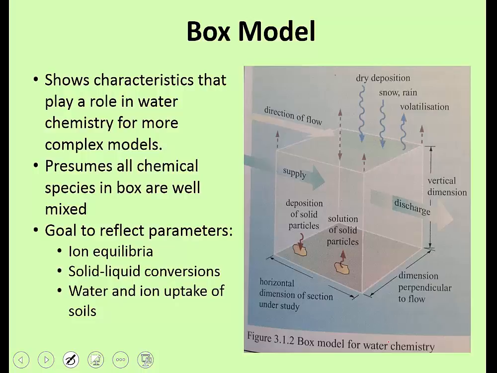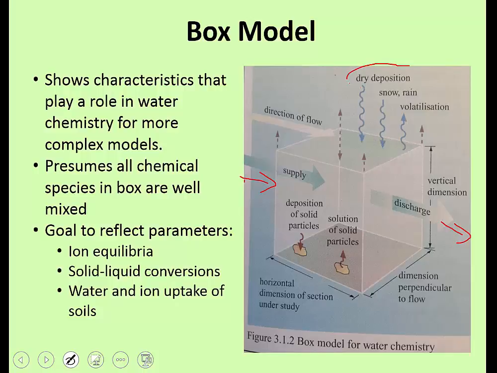Now, this box model presumes that all chemical species that are in the box are being thoroughly mixed together. So there's complete interaction between everything coming in. The direction of flow is going in the box basically from left to right. So the supply is coming into the box and discharge coming out. Now, when that happens, different things are affecting the box coming in and out.